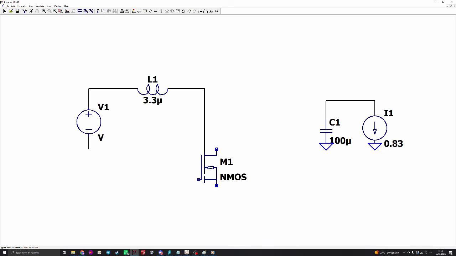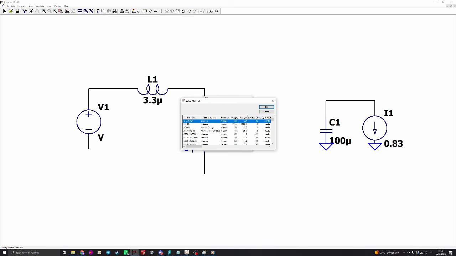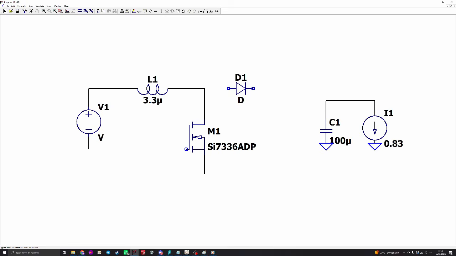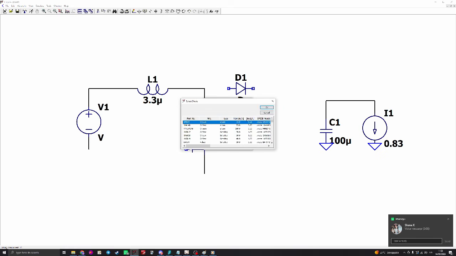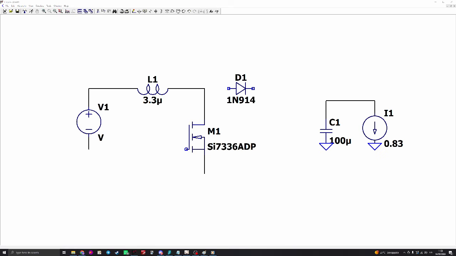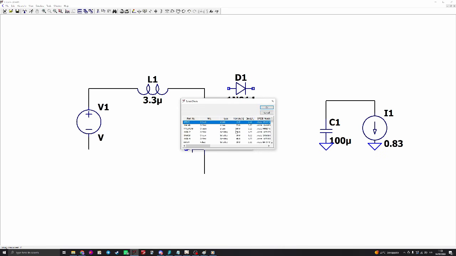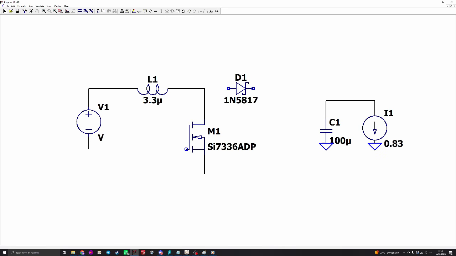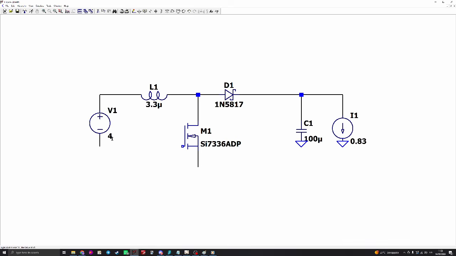Just put the N MOSFET, the first of the list will be enough. And just put the diode, the first of the list will be enough. Schottky will be enough. This is just to simulate that the circuit is exactly in DCM.